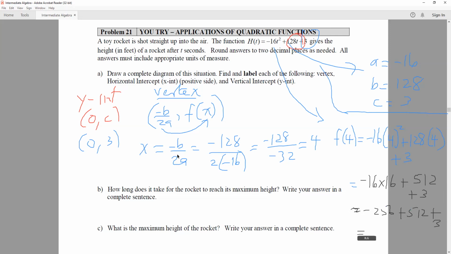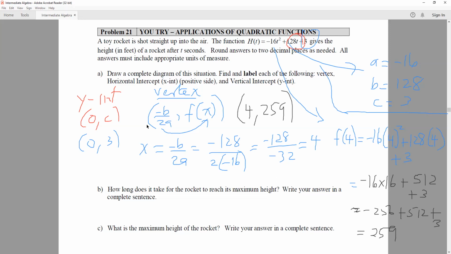And this should give us 259. So for the vertex, when x is 4, y is 259. Which means that after 4 seconds, the height of the rocket is 259, and that is going to be the highest point. Okay, all right.